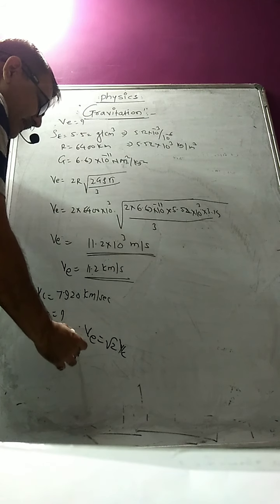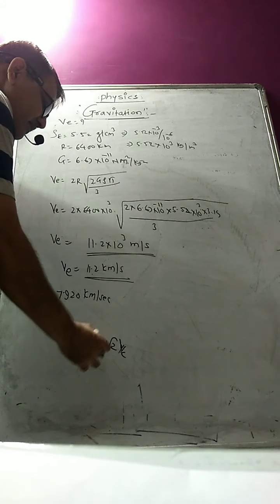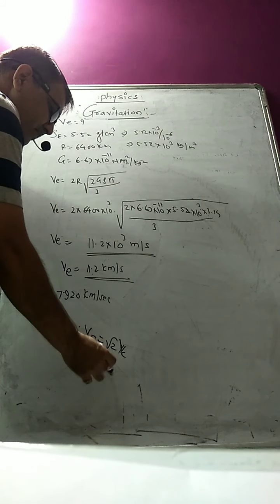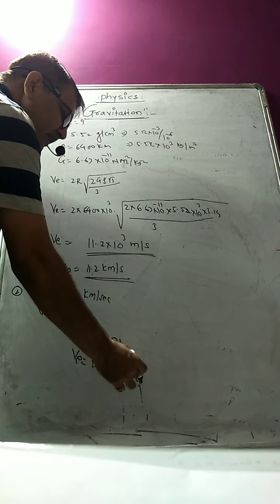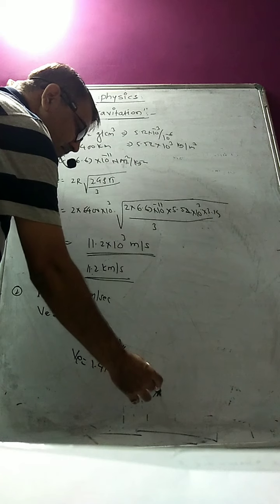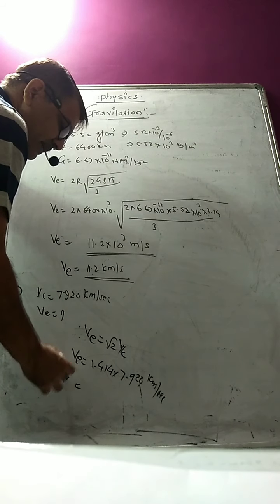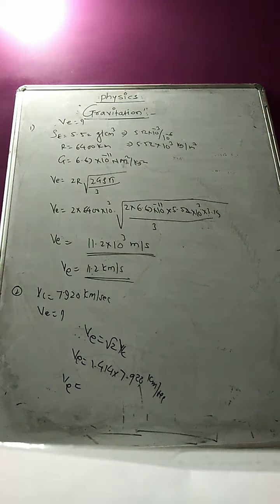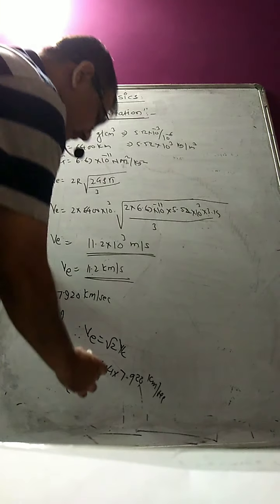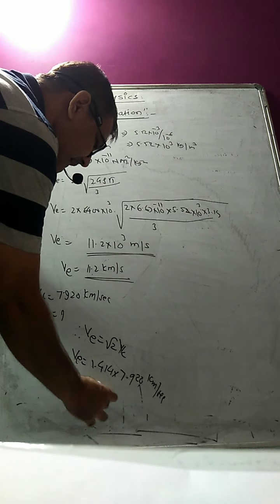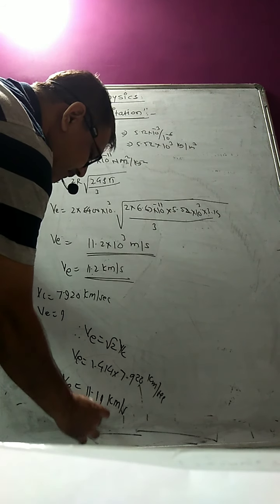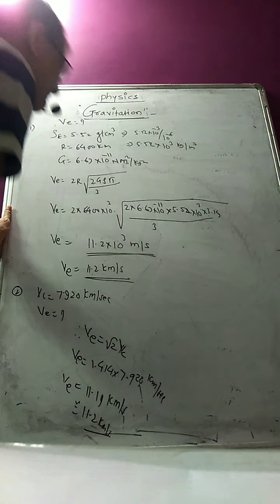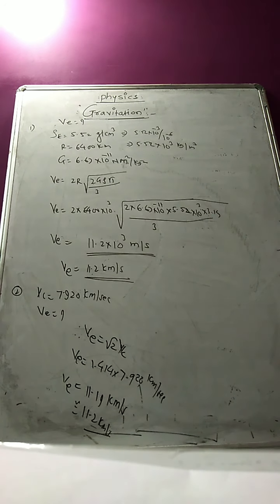Therefore VE is equal to root 2, 1.414, into 7.920 kilometer per second. If you calculate that, you will get 11.19 kilometer per second, which is approximately 11.2 kilometer per second. So that will be the escape velocity.